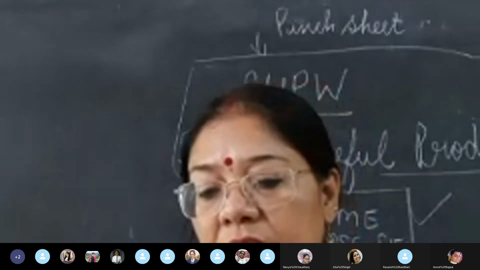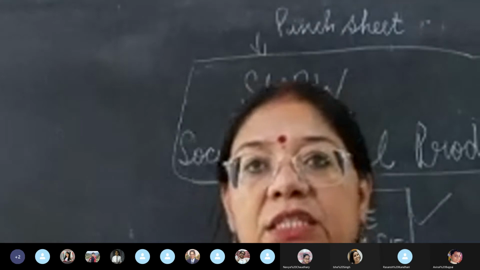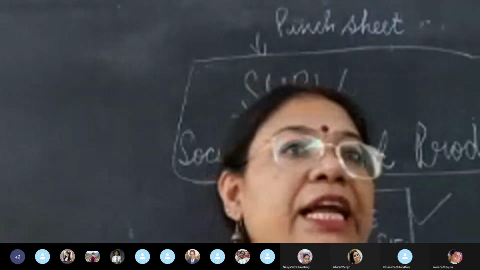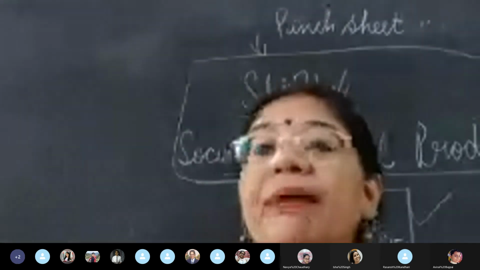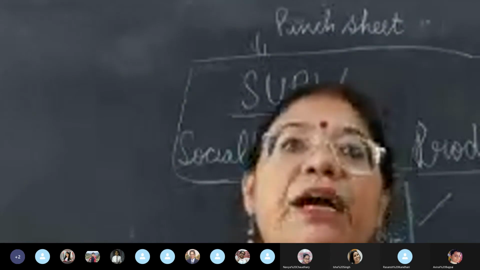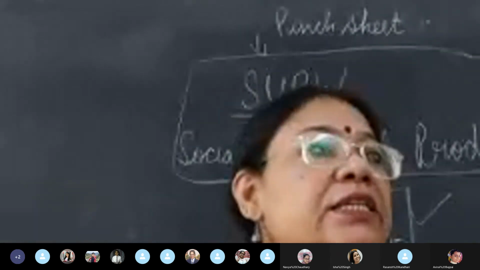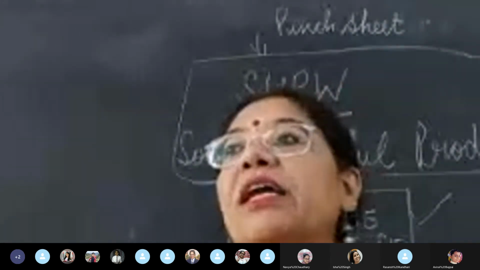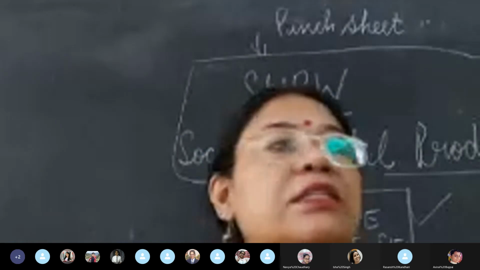Physical map of India, please put a tick mark. Then just to the side of it, can you see thematic maps? Oh, sorry, political map. Put a tick mark on political map. In which you will be marking the states and their capitals.